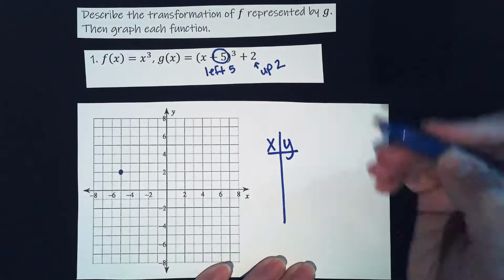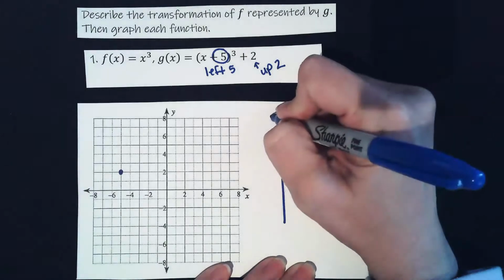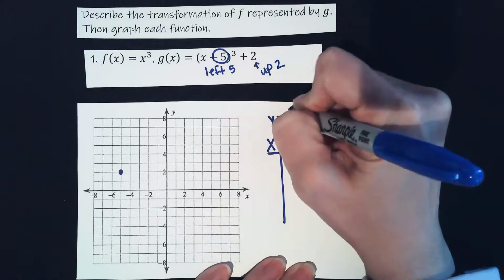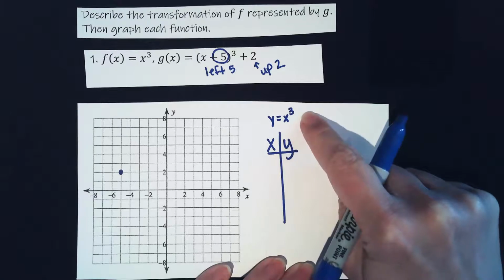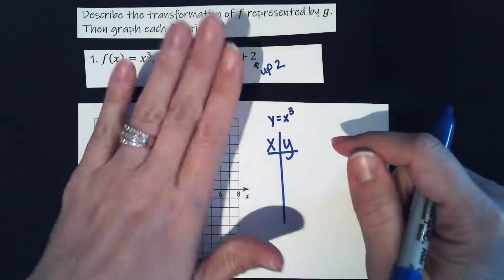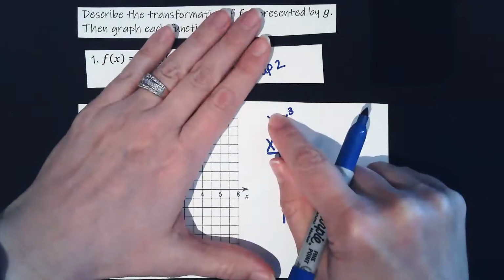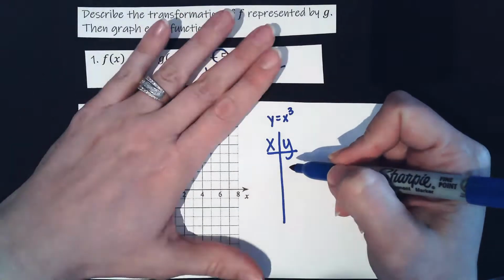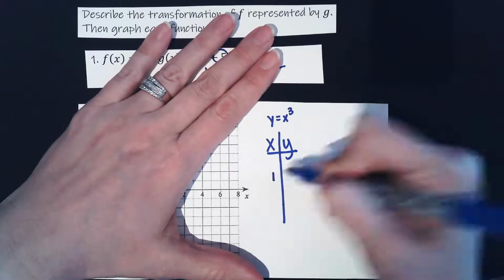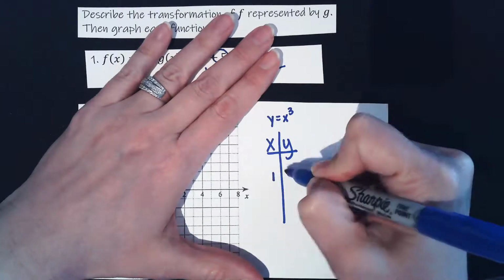All right, remember the parent function is y equals x cubed. Okay, so for here, whenever I'm thinking of y, I take x and I cube it. Okay, so if I'm kind of ignoring everything else, I'm just going to deal with this parent function here. So if x is 1 and I cube it, I still get 1.